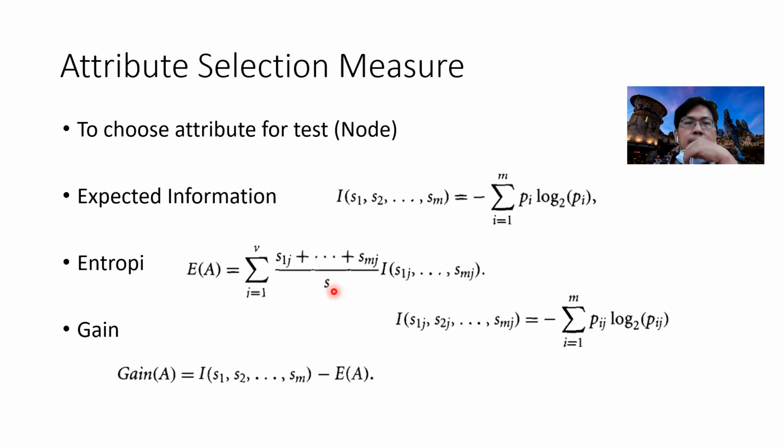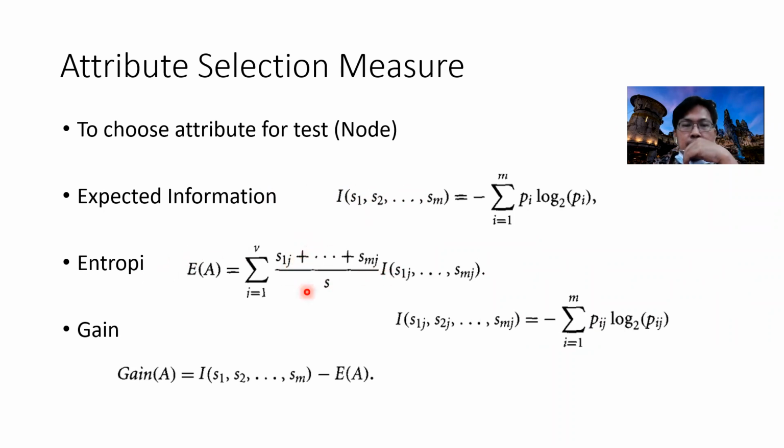Okay, we have some equations called expected information I. This is the class, yes or no, there is S1, S2 only. And also we have the entropy, the degree of irregularity.